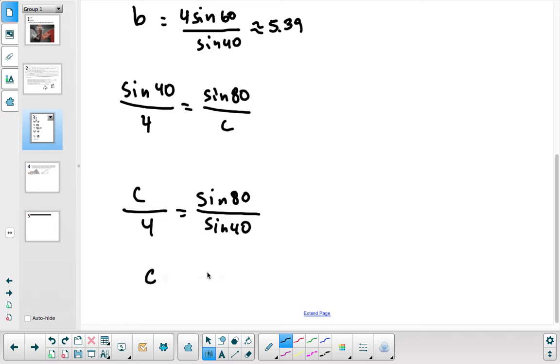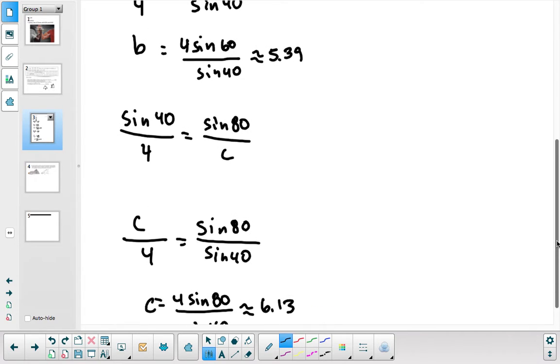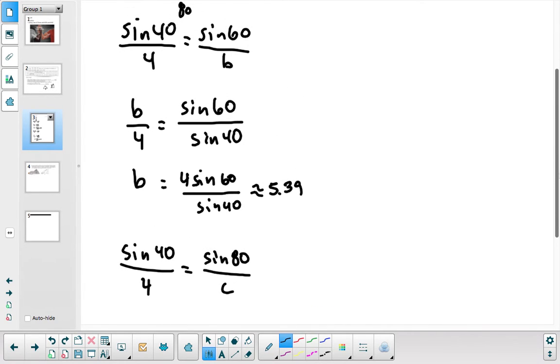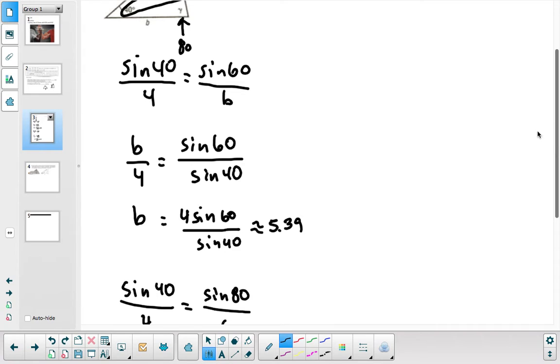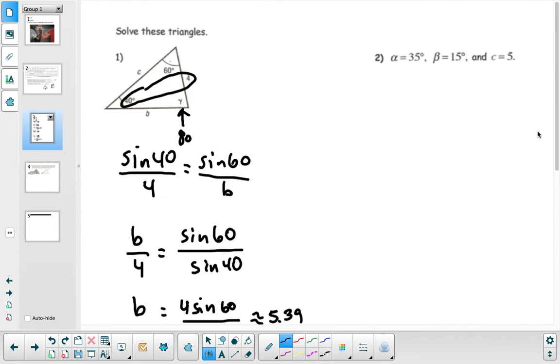That gives about 6.13, so again, it should be the biggest side. It is 6.13, 5.39, and 4, in order from greatest to least. That's always a good check to have. If it doesn't match up, then you know you're wrong.